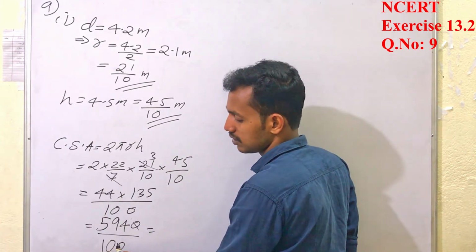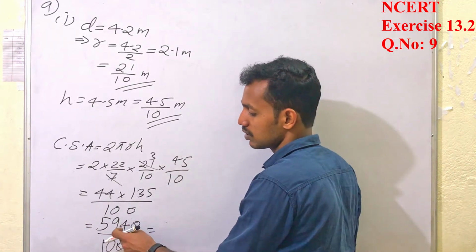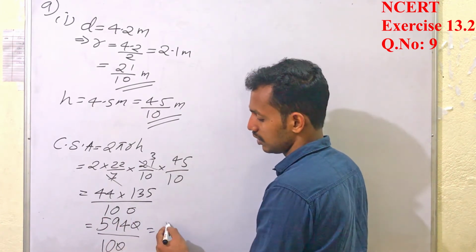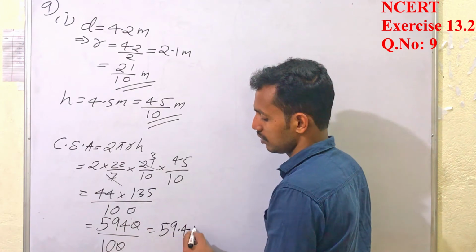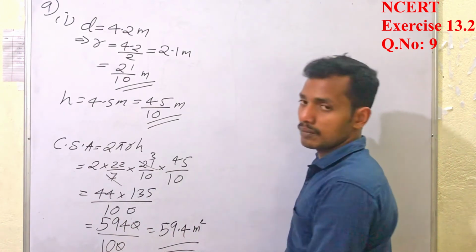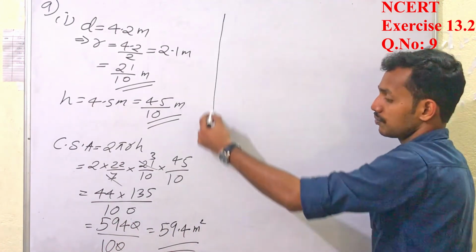The 0 is cancelled. Place the decimal point 1 decimal place towards the left. That is 59.4 meters square. This is the curved surface area.